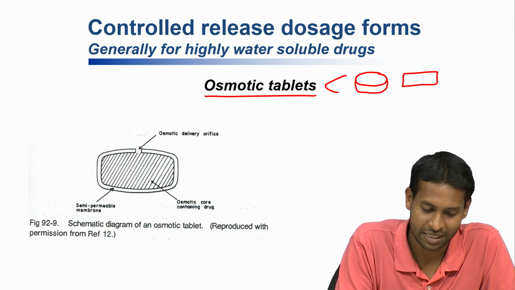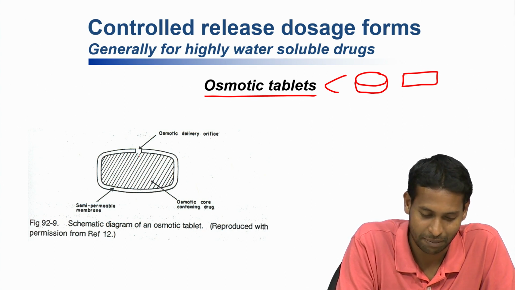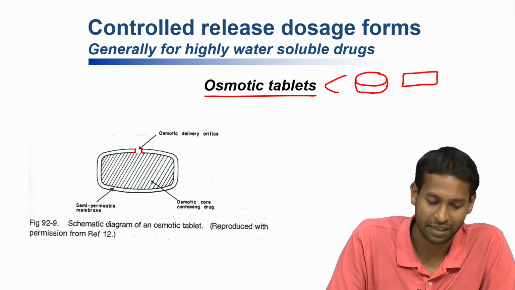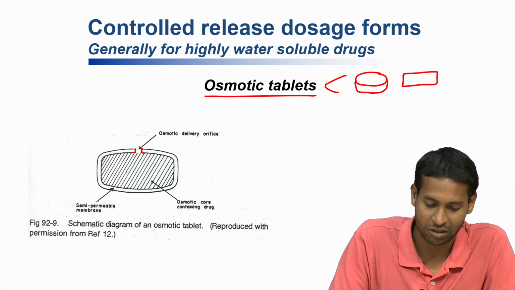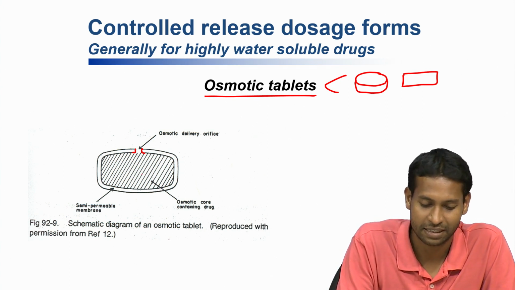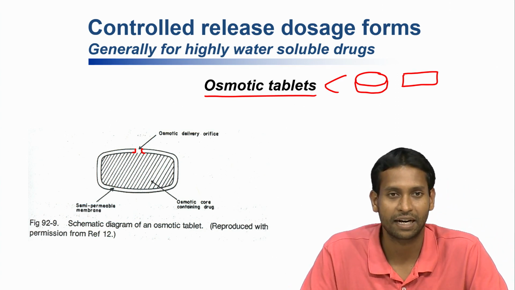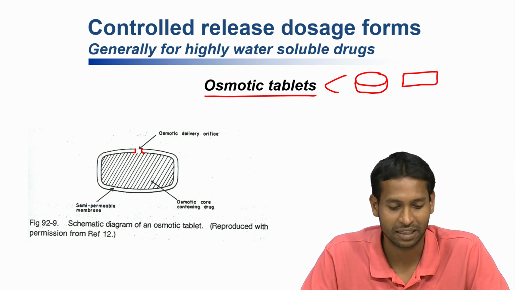In this tablet, if you zoom into it, you will find that there is a small hole that this tablet harbors, and then there is a semi permeable membrane also containing a lot of ions inside along with the drug. So, even though from the outside it looks like any kind of traditional tablet, this is nothing but an osmotic pump.